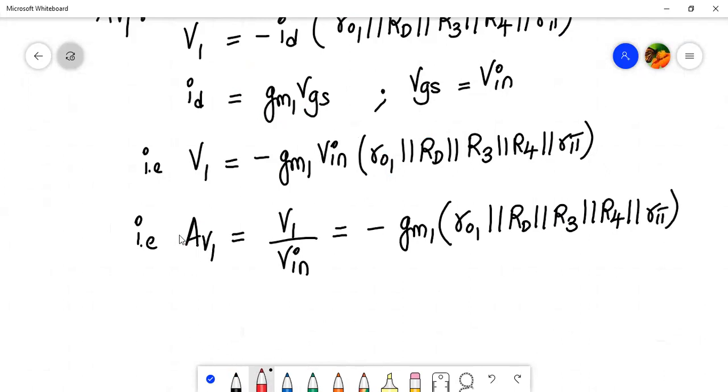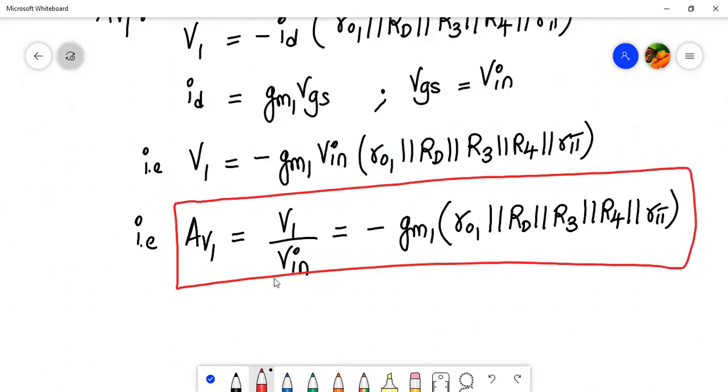So this is the expression for the voltage gain of the first stage. Okay, let me mark it with yellow color. And let me also write the voltage gain of the first stage.